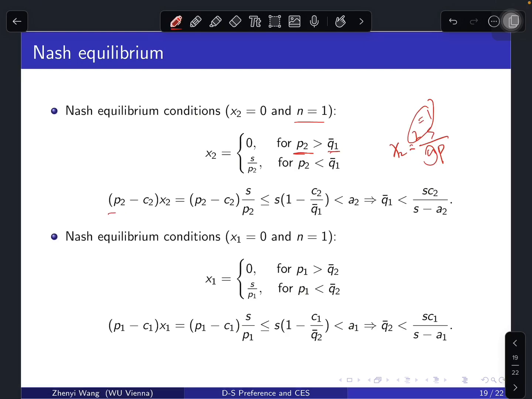So here we should use the entry and exit equilibrium condition. And here we get the second Nash equilibrium condition: the aggregate price level of x1 should be smaller than SC2 over S minus A2. Similarly, when x1 equals 0 and n equals 1.